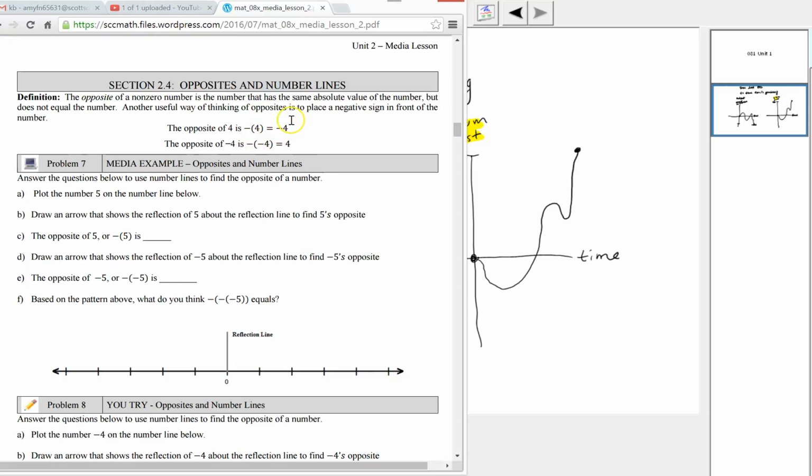So this is connecting the idea of an action. An opposite is a reflection, and the reflection gives you the number with the opposite sign. The opposite of negative 4 is 4, because if we start at negative 4, we're reflecting to positive 4. This is put here after absolute value because they can see opposites have the same absolute value.